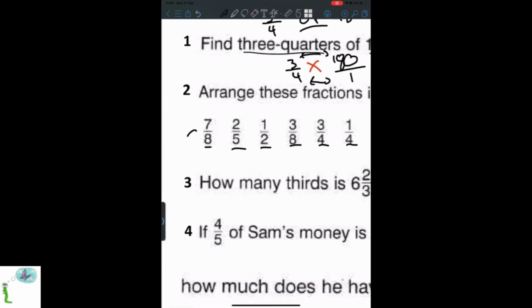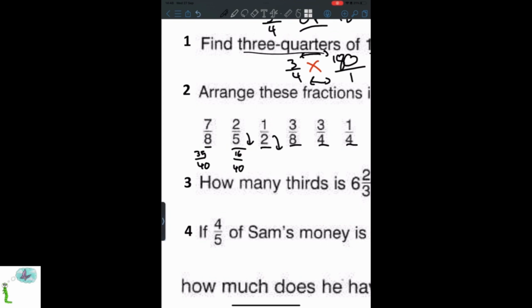So to get from 7/8 to 40, to have 40 at the bottom, times by 5, it's going to be 35. That's our first fraction. Or by this one, you times the bottom by 8, you times the top by 8, 16.